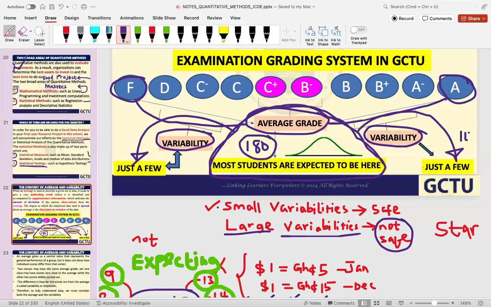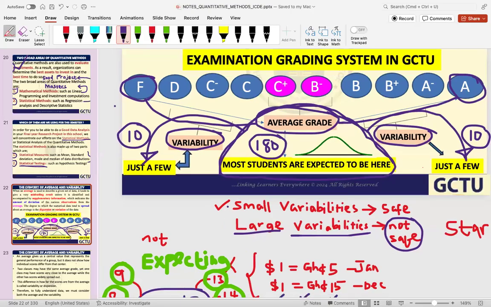10 of them have exceeded the target, and then 10 of them went below the target. You can't sack these 10, because some people have done well, which you can use to compensate these ones. So the only thing you do is more pep talk for those who fell below the target.